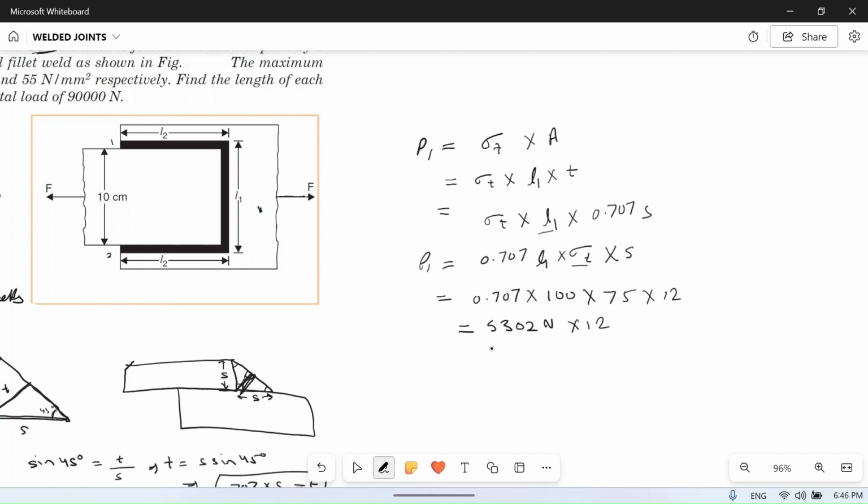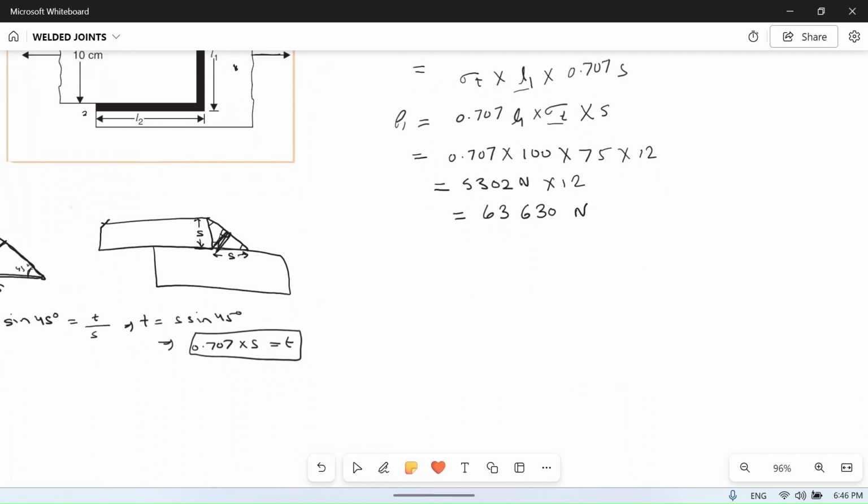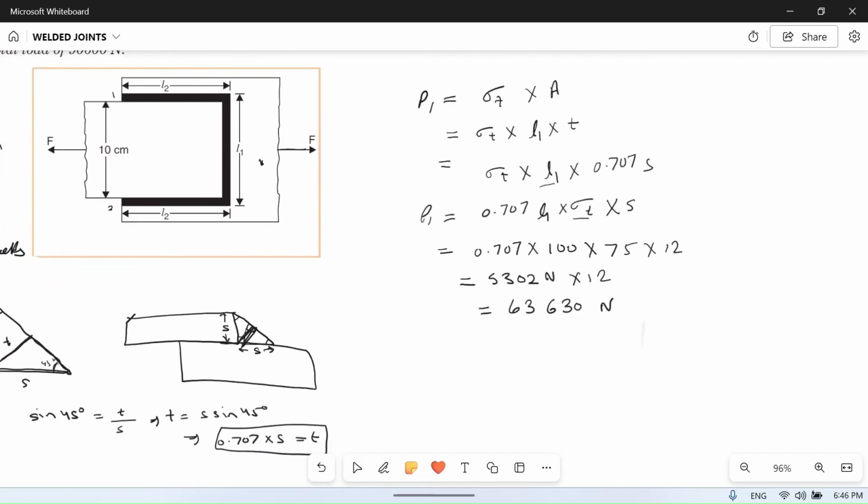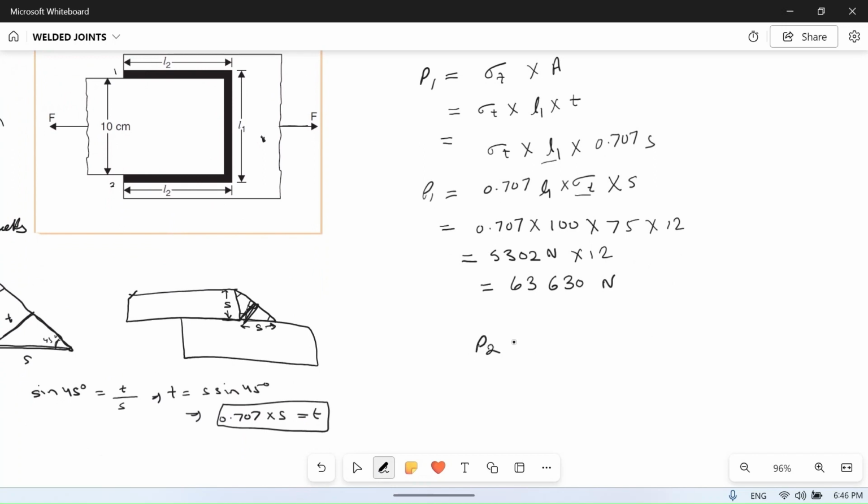So it will become 63,630 Newton. Similarly, in this case, L2 is the length of welding, there are two parallel weldings. For them, P2 will be equal to area into the maximum allowable shear stress, because they are under shear. What will be their area?